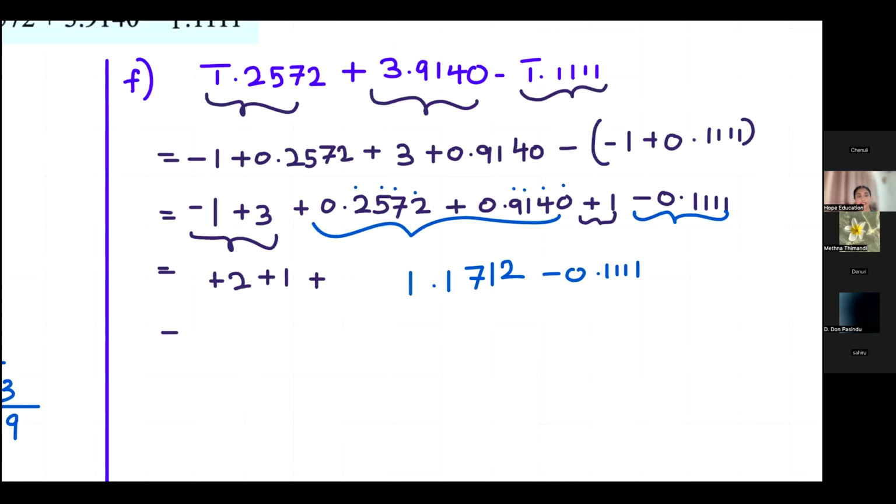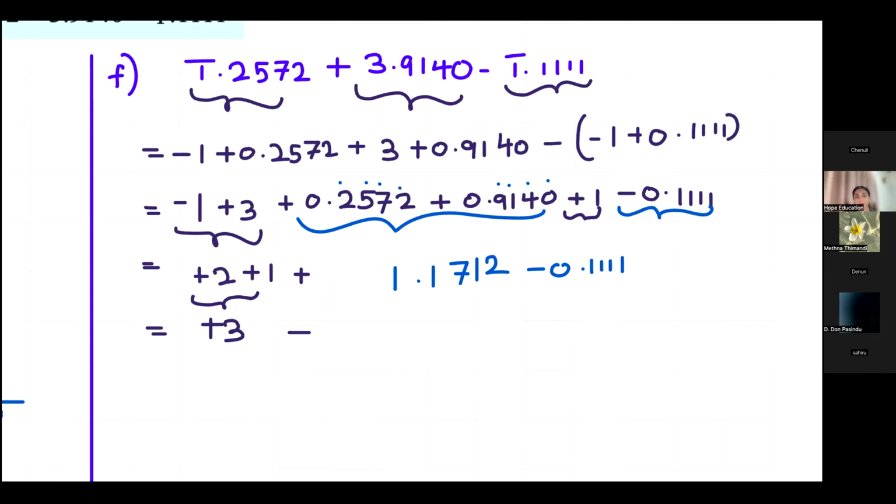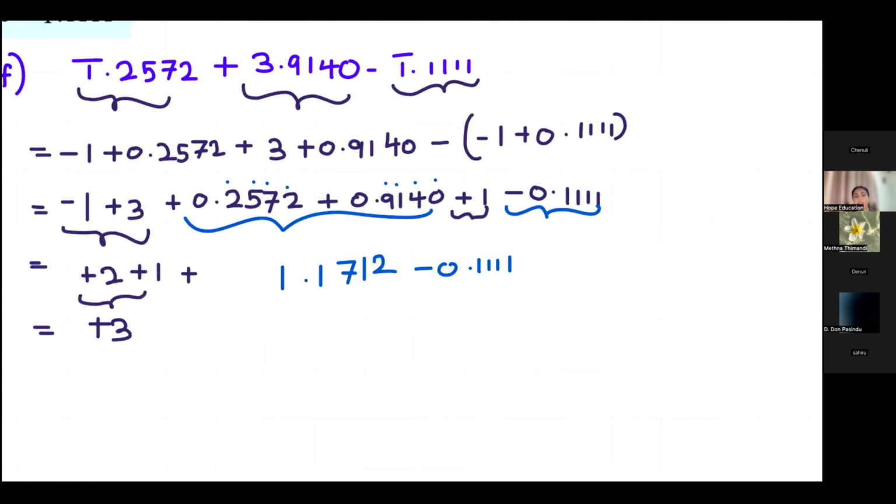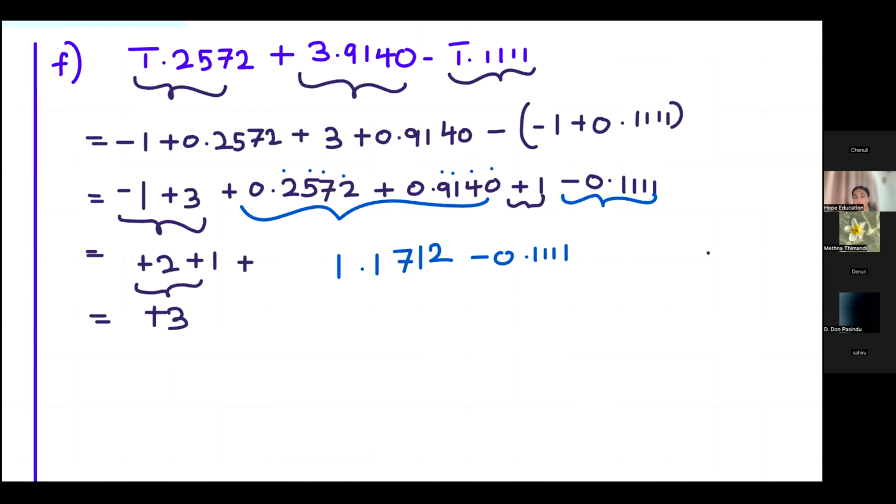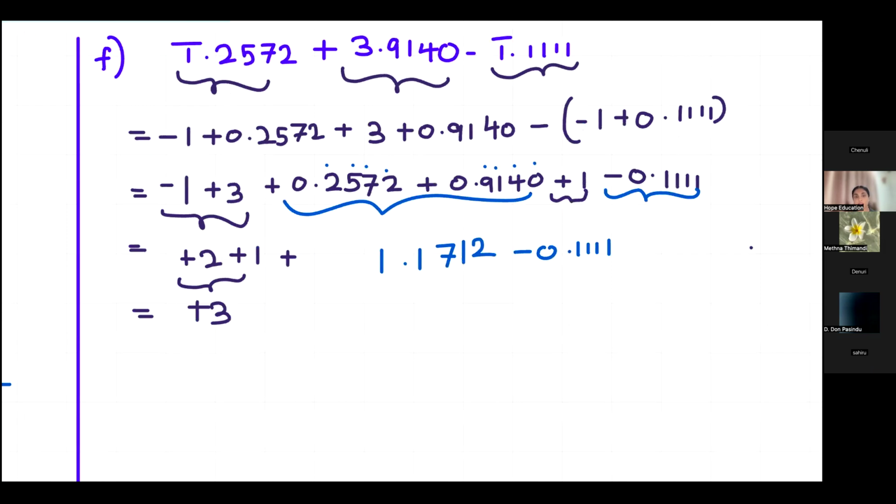We will simplify the next step. Here +2 plus 1 together will be +3. And here we have a subtraction. Here there's one more characteristic. Separate the characteristic. Then it comes like +1. And we have 0.1712. Sometimes you might wonder, in certain instances, there is really no point in separating the characteristic.